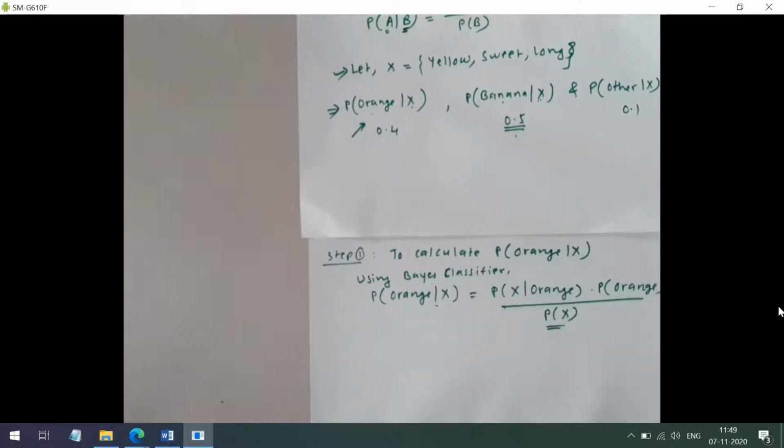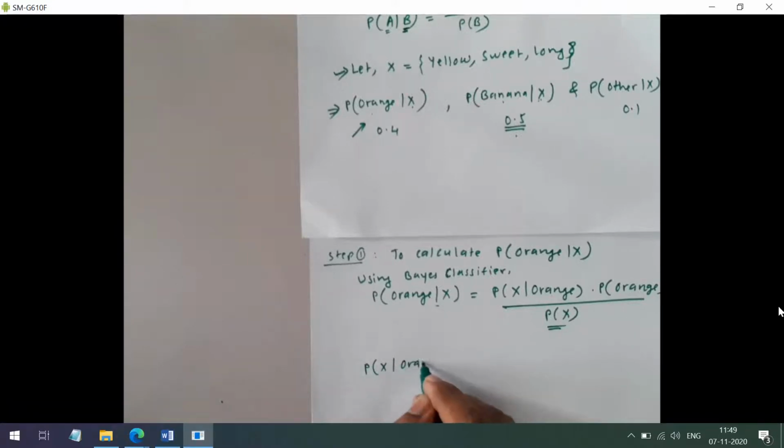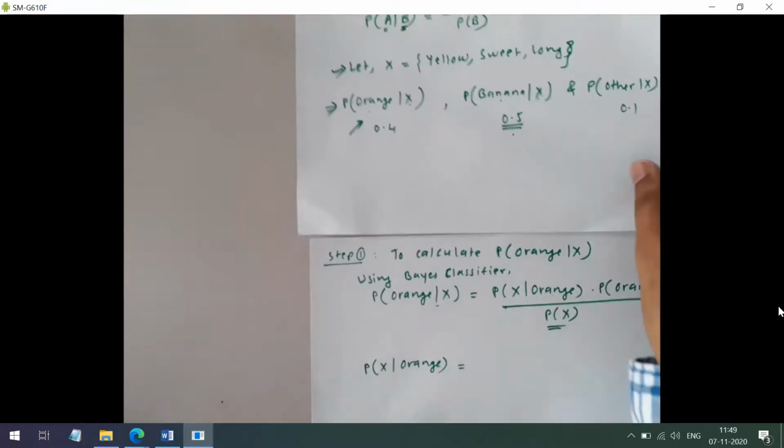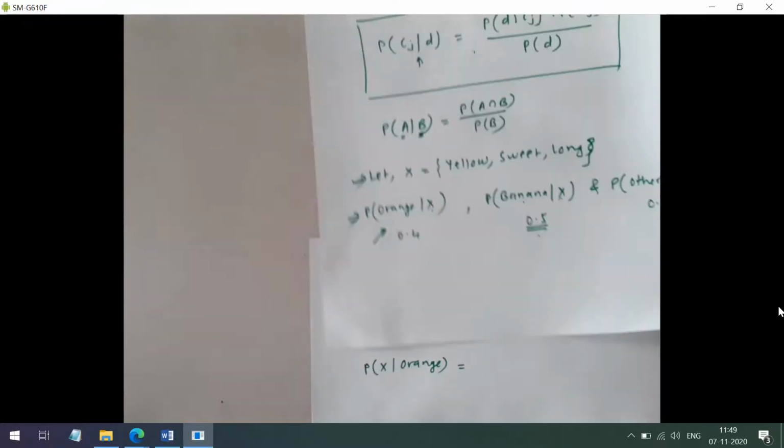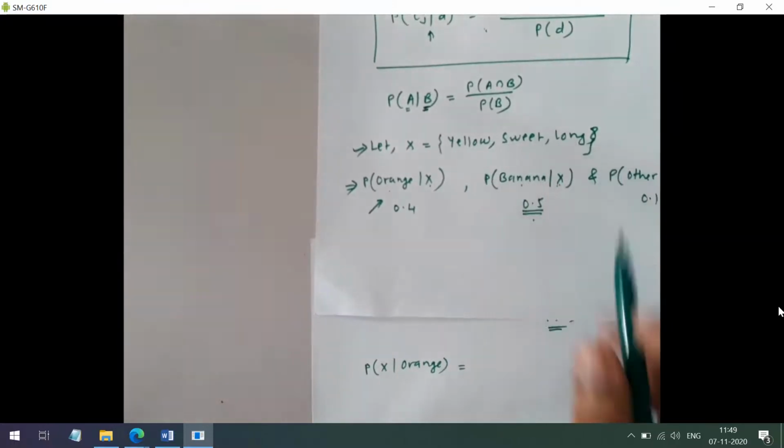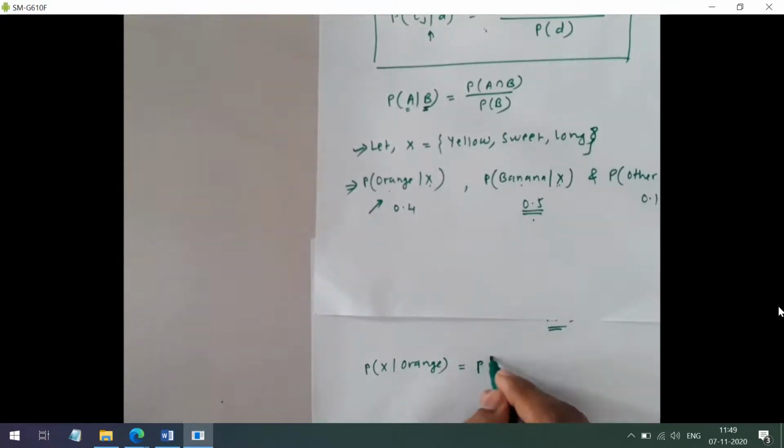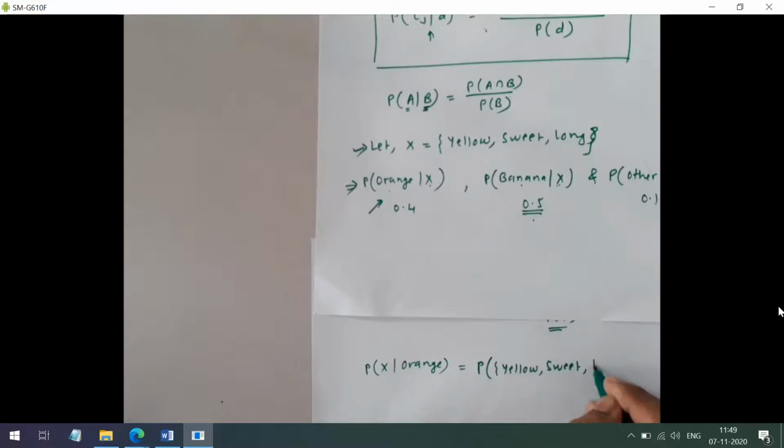Okay, so first we'll find the probability of X given orange. Now X is composed of three values: yellow, sweet and long. So it is nothing but probability of yellow, sweet and long given orange.